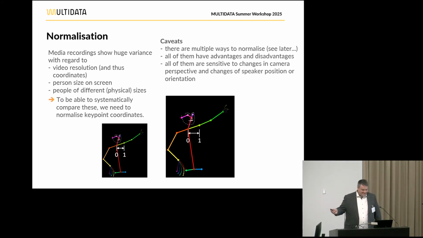And all of them are sensitive to changes in camera perspective, changes of speaker position, changes of speaker orientation. That is a bit of a mess sometimes. And that is something we have to be aware of, particularly when we use media recordings. Sometimes you just have to throw away a lot because it's not comparable anymore.